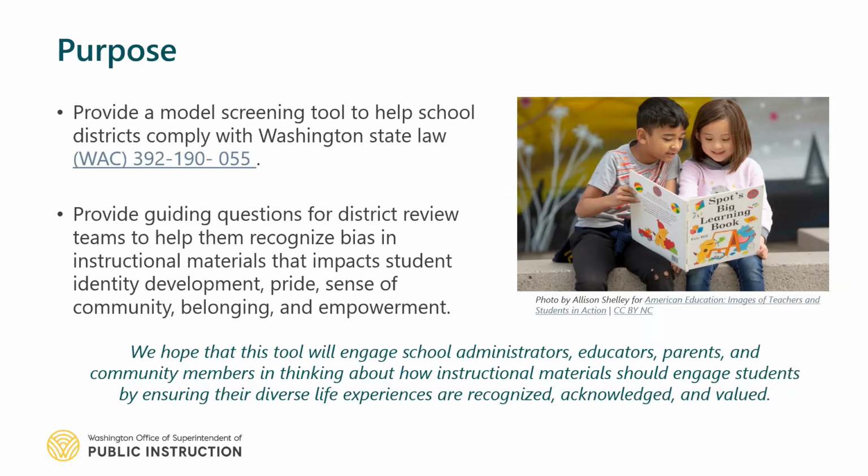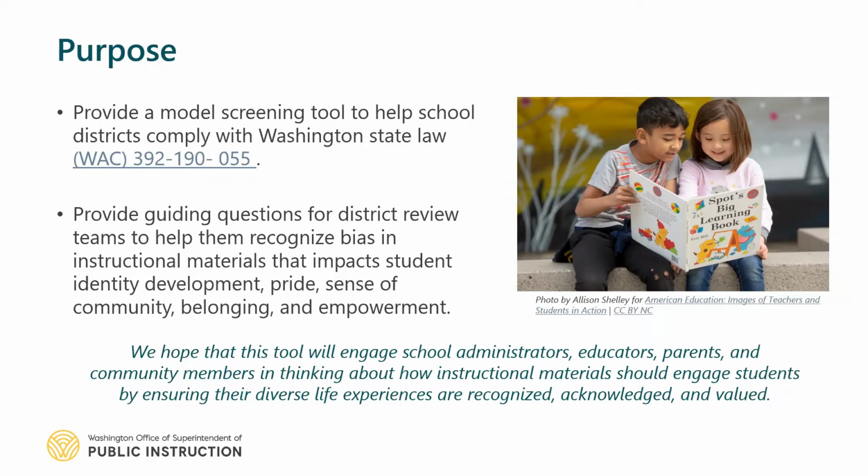Taking a quick walk down memory lane, this document was first released in 2009 as the tongue twister, the Washington Models for Evaluating Biased Content in Instructional Materials. Over the last few years, we've heard from a lot of people who have asked for this document to be updated to reflect our deeper understanding as we think about what instructional materials should look like for the students in our rich and diverse Washington schools.